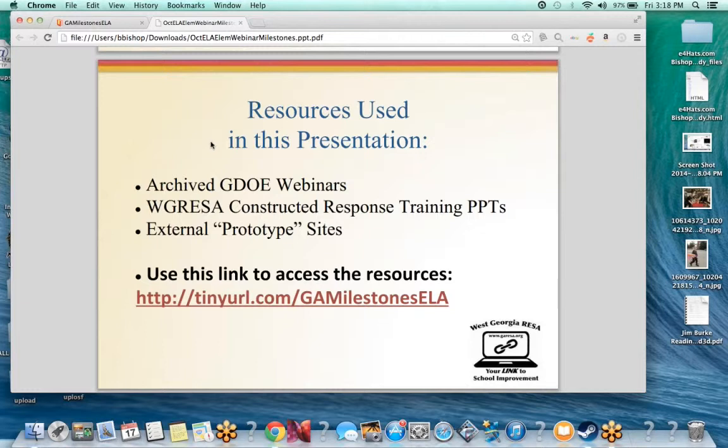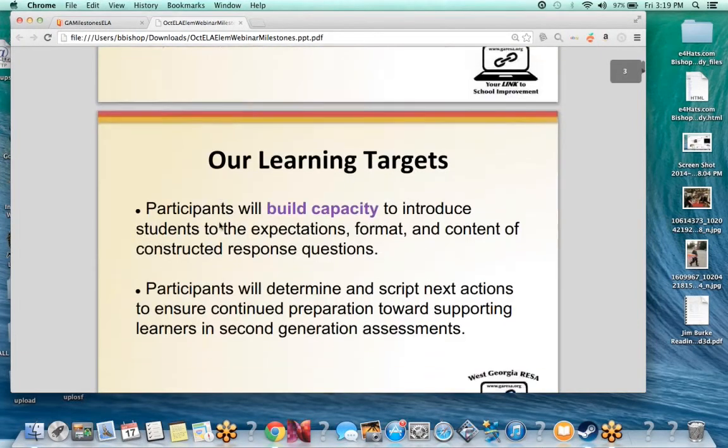The resources we used to construct this presentation come from the DOE webinars about constructed response support, along with a constructed response training we had here at West Georgia RESA, and the external prototype sites suggested by the DOE.